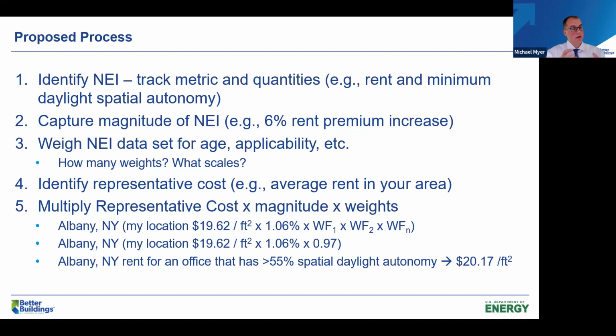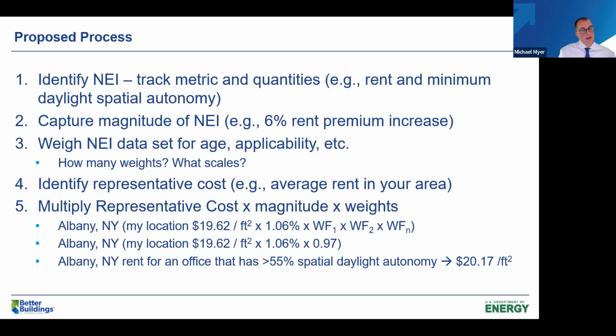And so the idea there is we'd come up with a standardized process that you would walk through and answer questions of, did the NEI that you're using have 4 reports that showed similar results? Can we weight those reports based on age and sample size and those types of things? So you answer those questions, and that's how we would develop those weights.